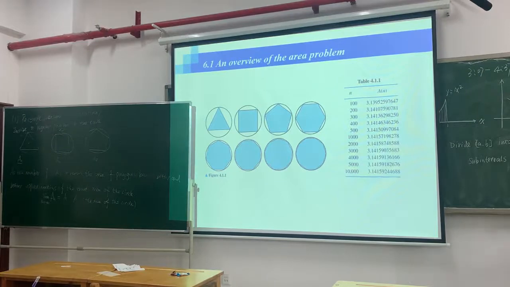So it's easy to see that A equals A1 plus A2 plus A3. First we divided the closed interval into three equal subintervals, and then A equals A1 plus A2 plus A3.